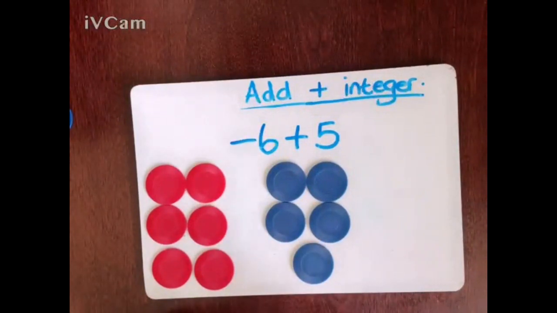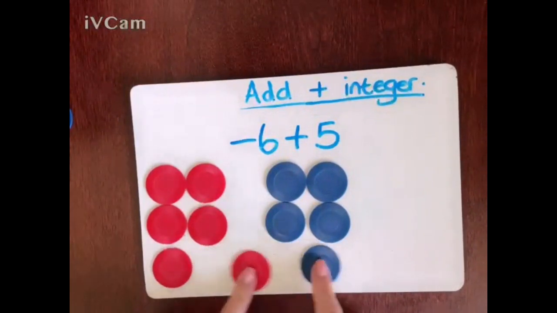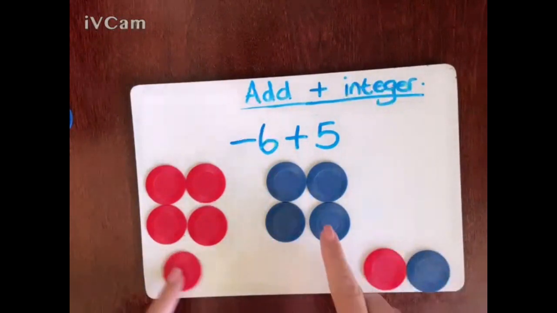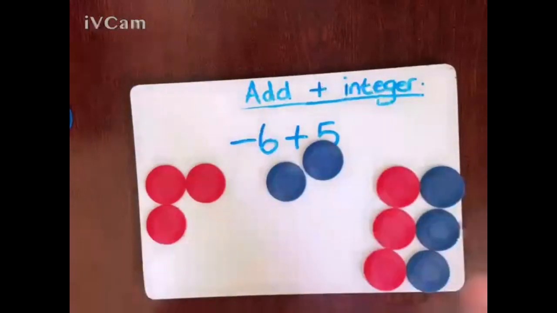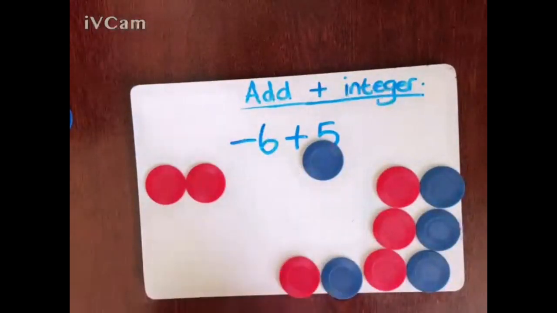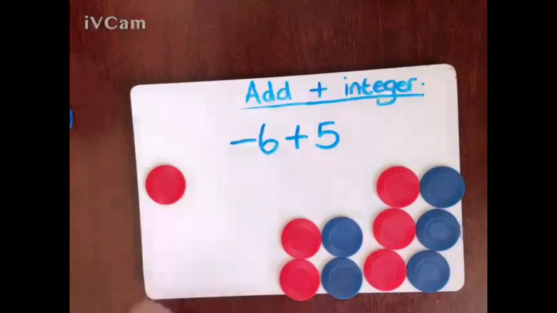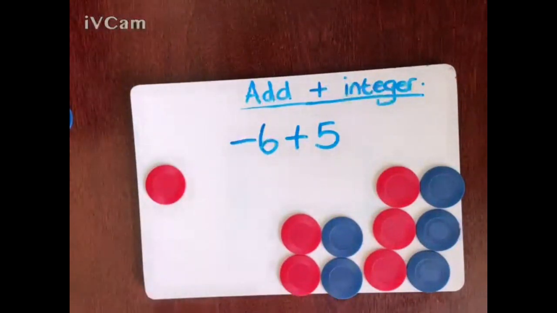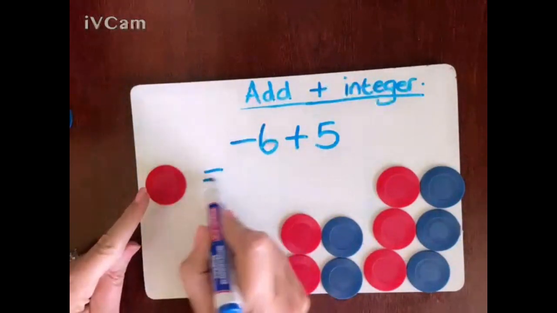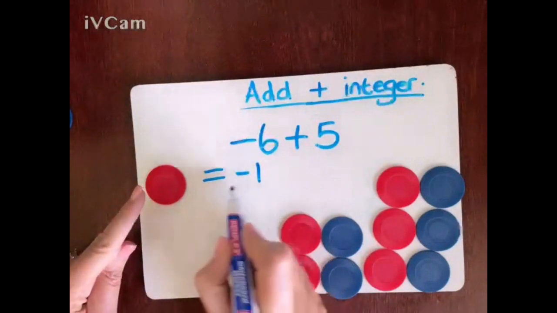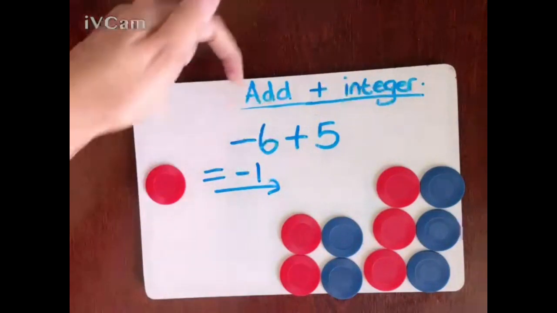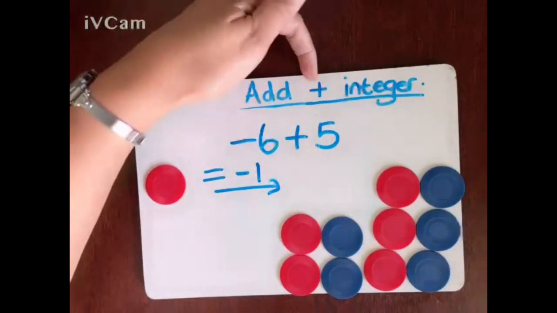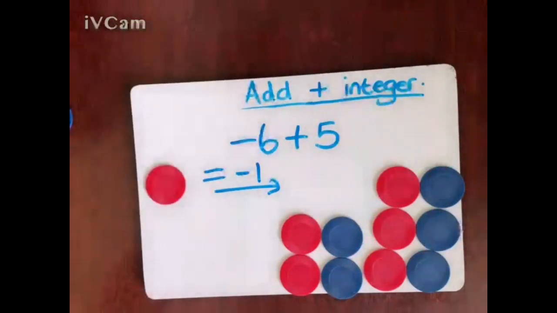By making zero pairs. So 1 blue and 1 red makes a 0, and again, five times. So read what you are left with, and that is 1 negative disc, the red disc. So that's why it's -1. So that was when we were adding positive integers.